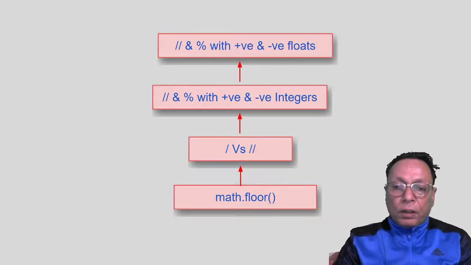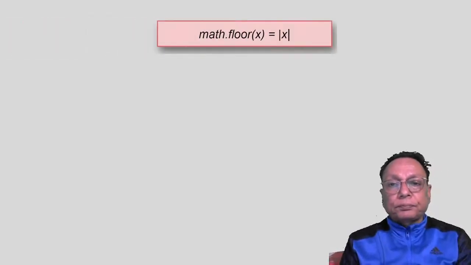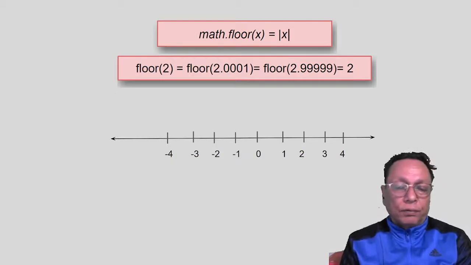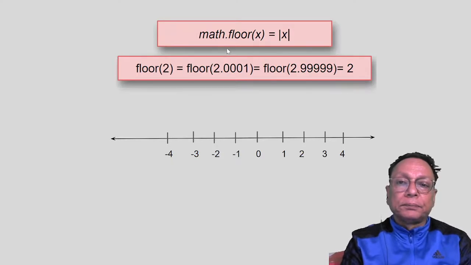Okay, so suppose you want to take out the floor value of x, that is math.floor, so it will give you the absolute value. See here, floor of x is giving you the absolute of x.